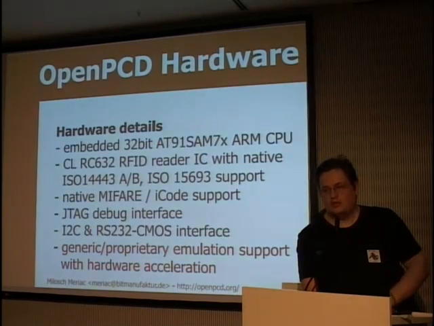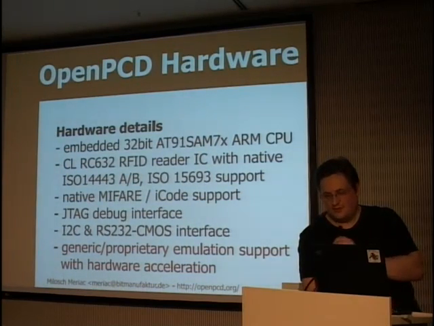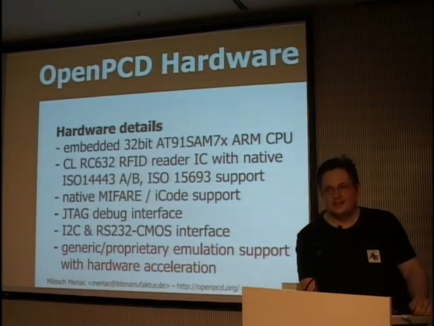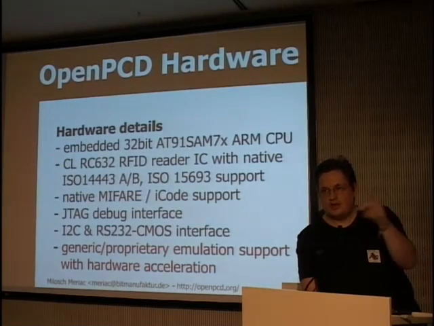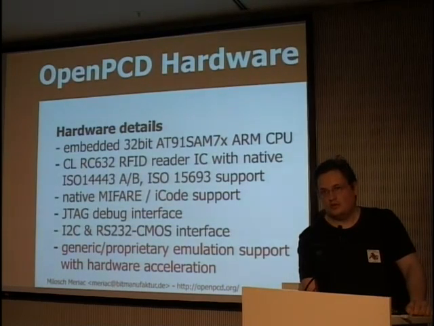To make this possible in this device without breaking your fingers when programming, we took the carrier frequency of a 13.56 megahertz reader IC and fed it back into the ARM controller, and use internal timers to scale it down to a frequency we want, basically the baud rate or whatever.